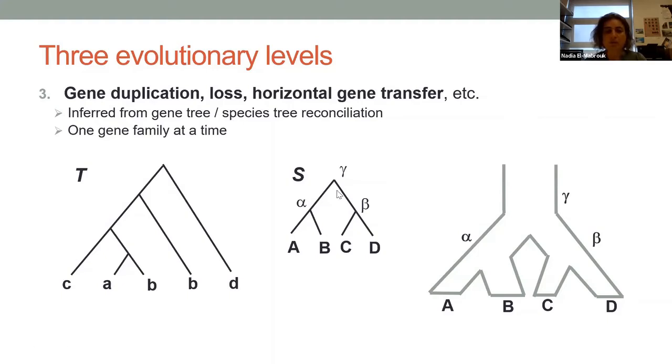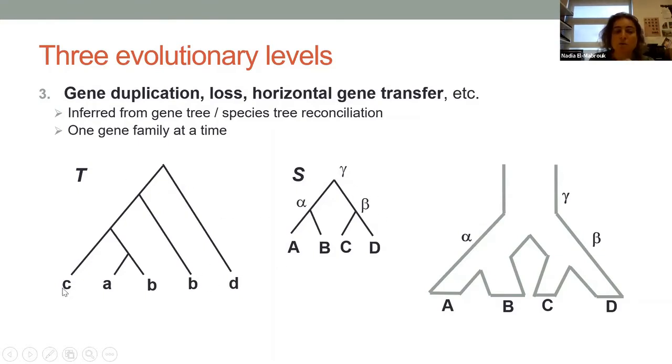So for example, here we have this gene tree. The tips are genes, and the letter here means that the gene belongs to that species, for example A. Here is the species tree, and this is a gene tree.